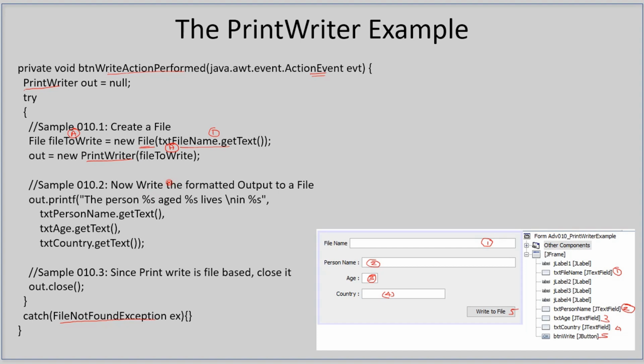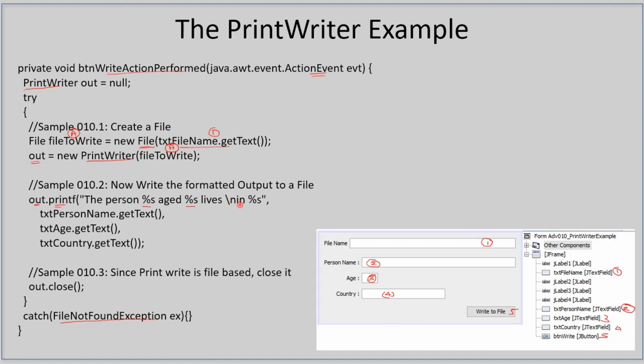So after this, we write a formatted information, and if you see, from the out object, just like how you use System.out, the same way here you are using the PrintWriter out. This is the printf call, and here you can see the person %s, aged %s, lives in %s, with \n for next line.